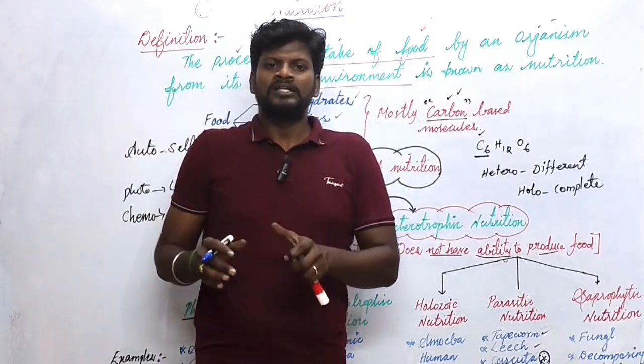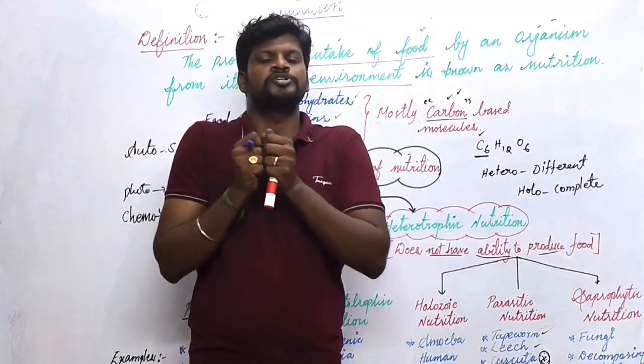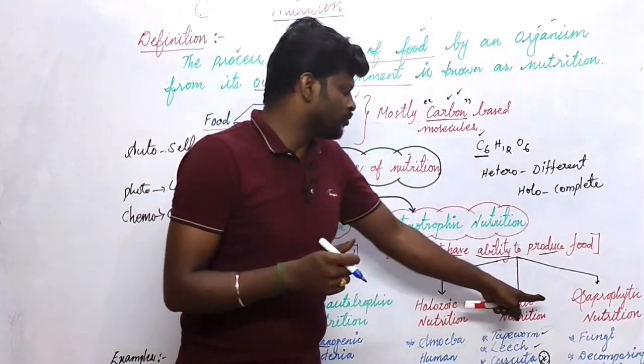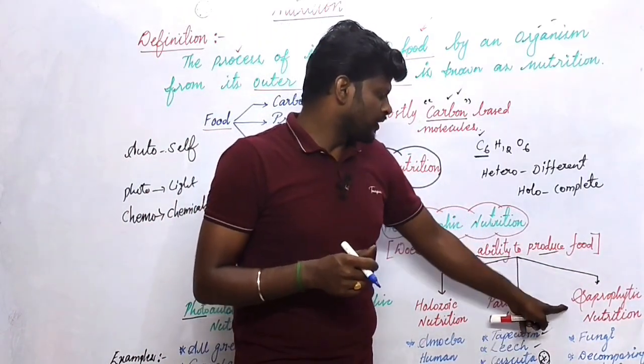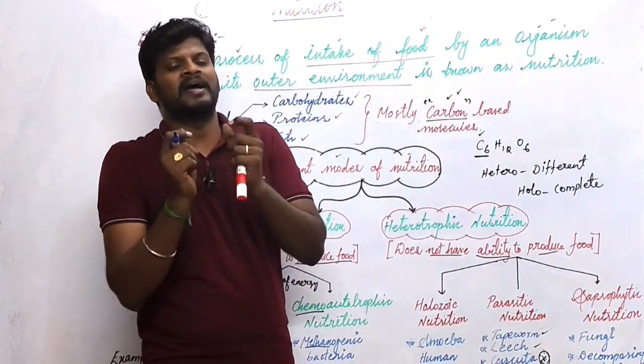After breaking down, the fungi or the saprophyte will absorb only those nutrients into the body, and they will utilize them for their growth and development. So this mode of nutrition is saprophytic nutrition. Examples are fungi and some decomposing bacteria.